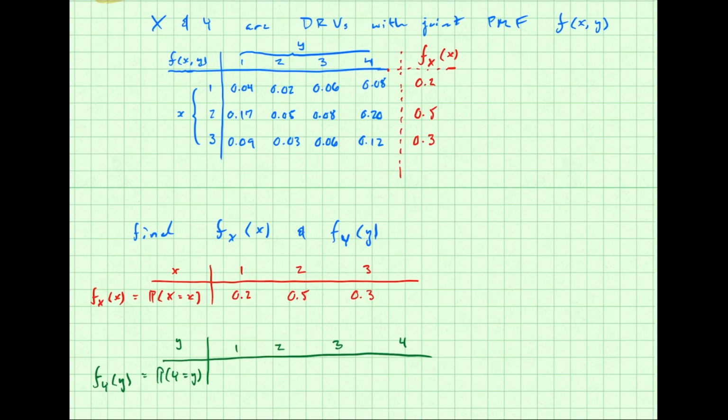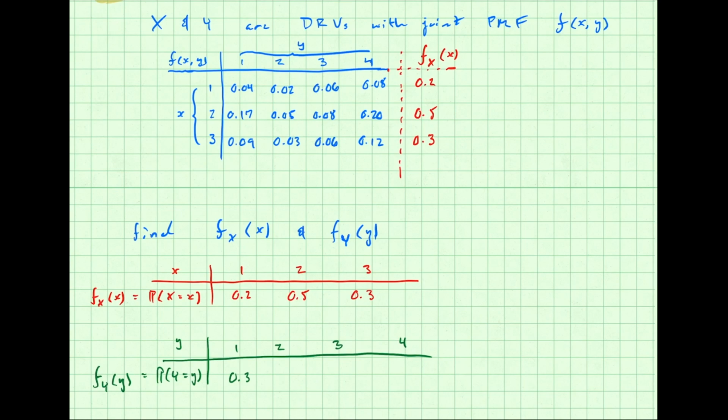And I'll save you the trouble. I'll just write down the sums. So this is 0.3. So again, 0.3 is what you get if you add up all of these, right? And if you add up all of this column, you get an entry for here. You add up all of this column, you get an entry for here, and so on.